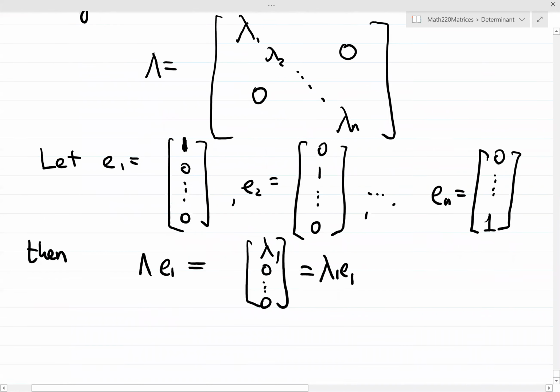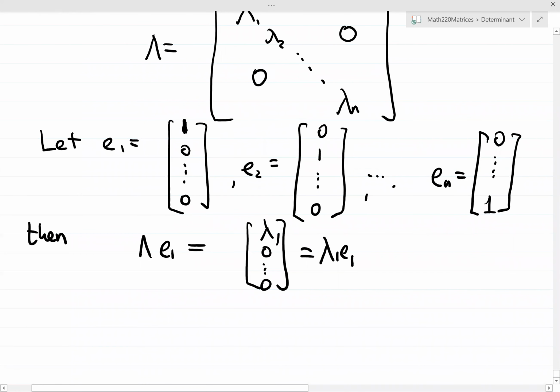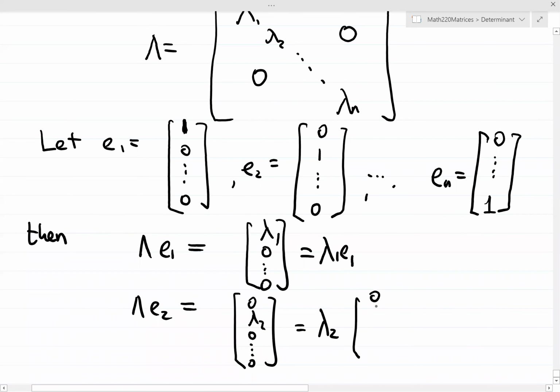Similarly, if you plug in E2, Gamma E2 outputs the second column of Gamma, which is 0, lambda 2, 0, ..., 0. Factoring out lambda 2, it is lambda 2 E2.